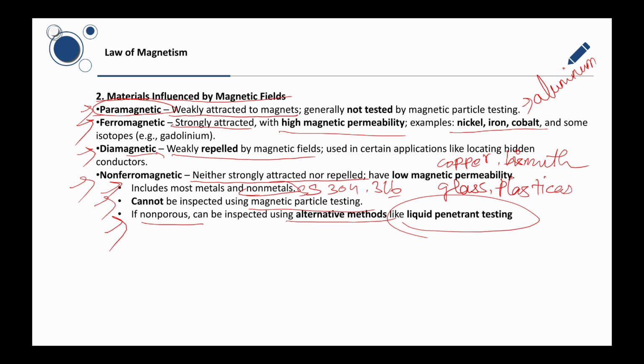If you try to use magnetic particle testing on aluminum, you won't see any defect indications because the material does not hold a magnetic field. That's why we must first check if the component is ferromagnetic before planning a magnetic particle testing inspection.